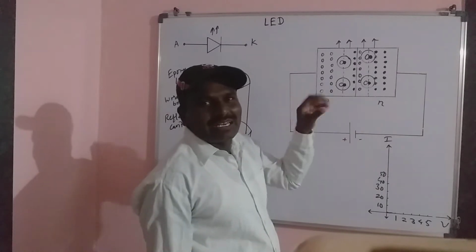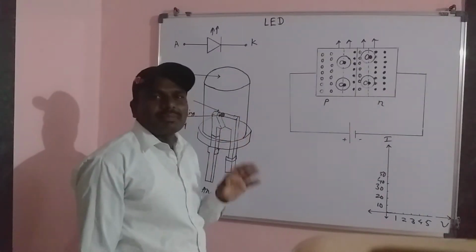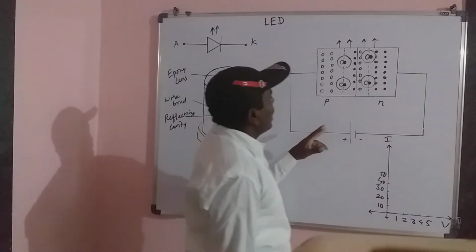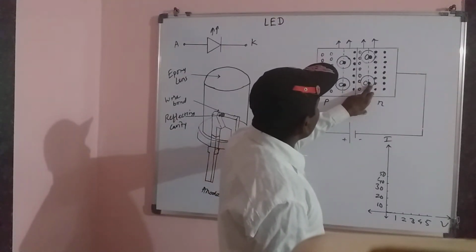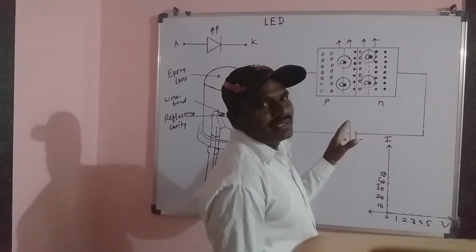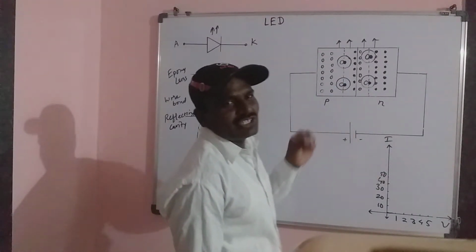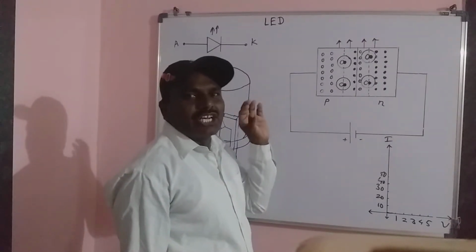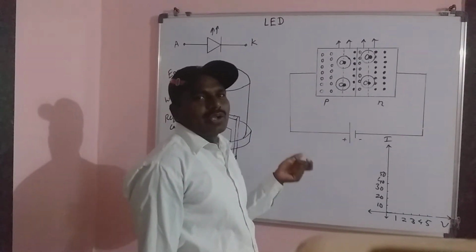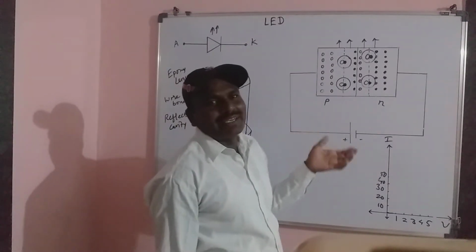When the diode is in forward bias, electrons from the conduction band and holes from the valence band recombine with each other and release sufficient energy as a photon and emit monochromatic light.